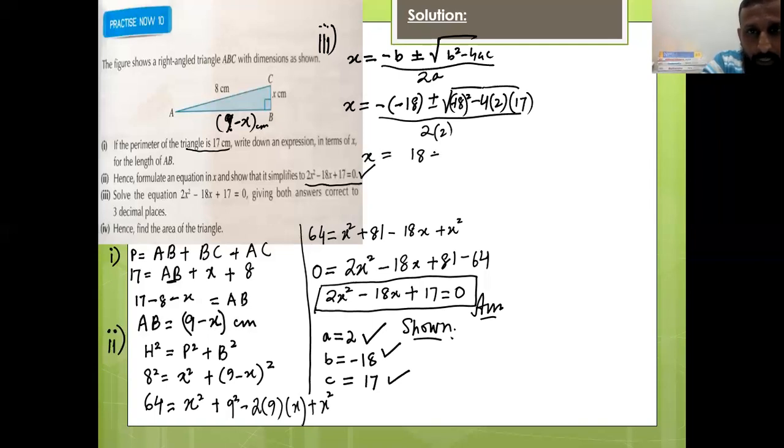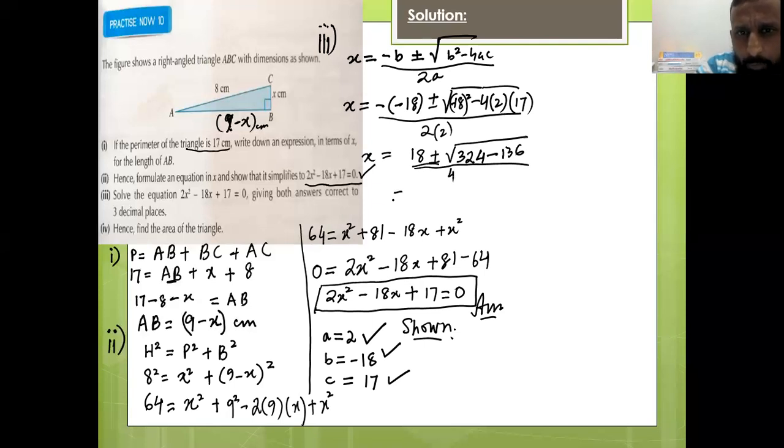18 plus minus, now 18 squared, if I'm not wrong, is 324. I hope I'm right. And then you need to multiply the three numbers, 4 into 2 into 17. So 4 into 2 is 8, 8 into 17 is 136, upon 4.